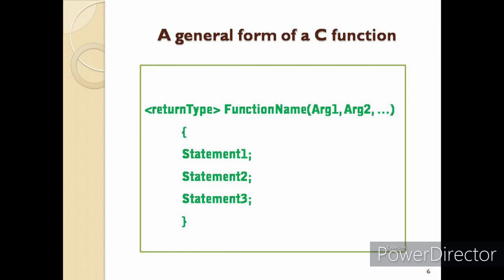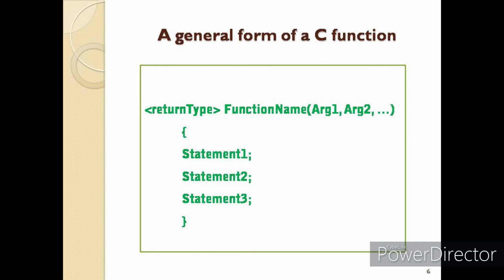The syntax for a user-defined function is as follows: return type, function name, open bracket, argument 1, argument 2, etc. Close the bracket. And within the braces, we must state the instructions that the function has to perform. Now, we have to familiarize ourselves with two terminologies here. The first line is known as the header.